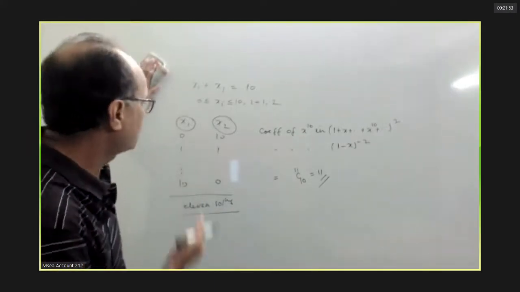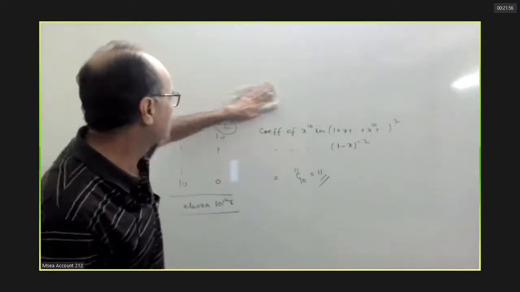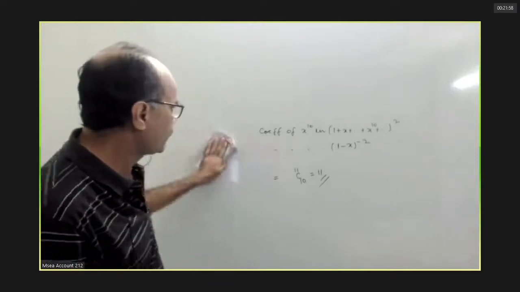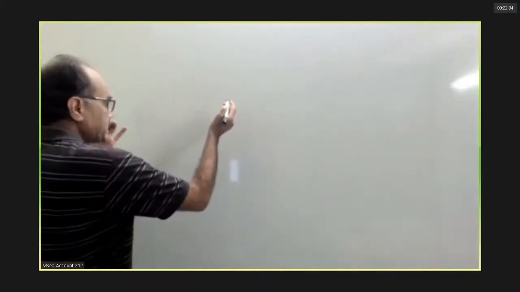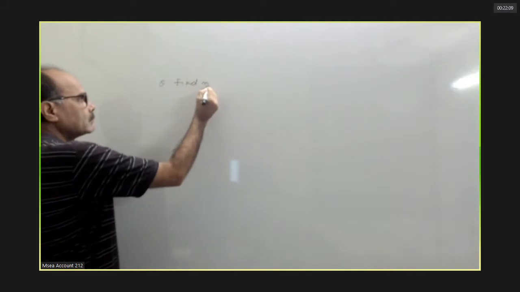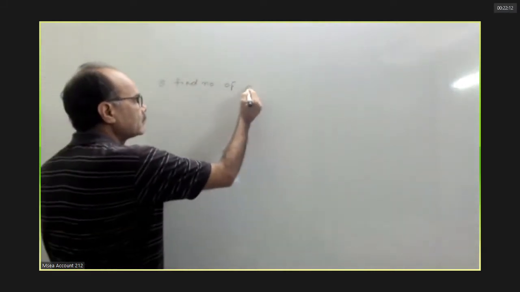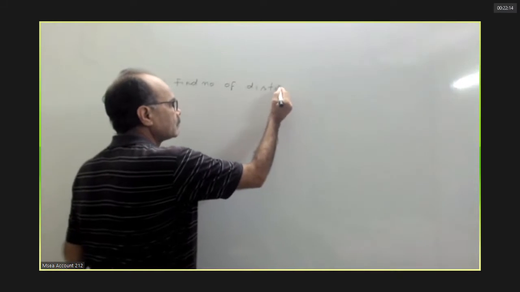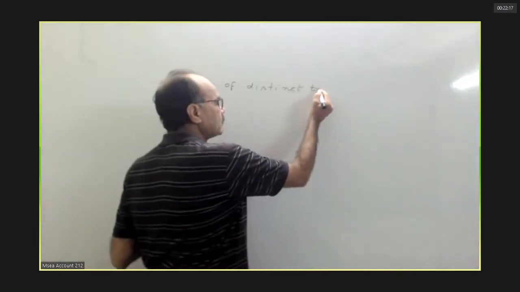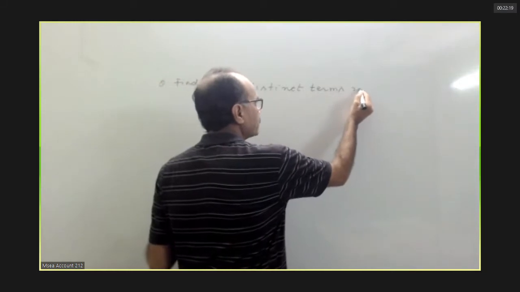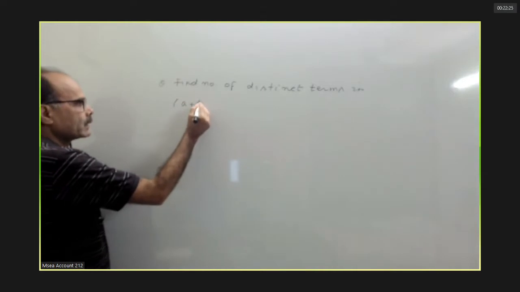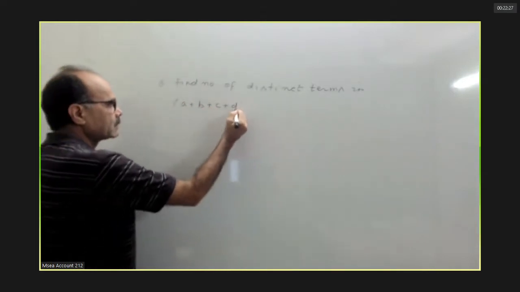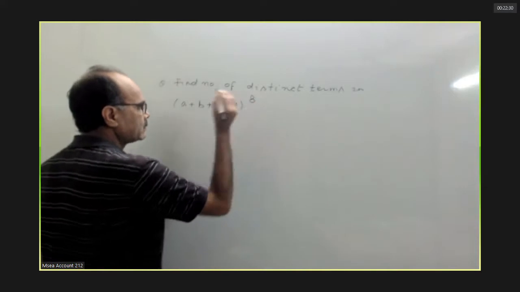Now find the number of distinct terms in a plus b plus c plus d to the power 8.